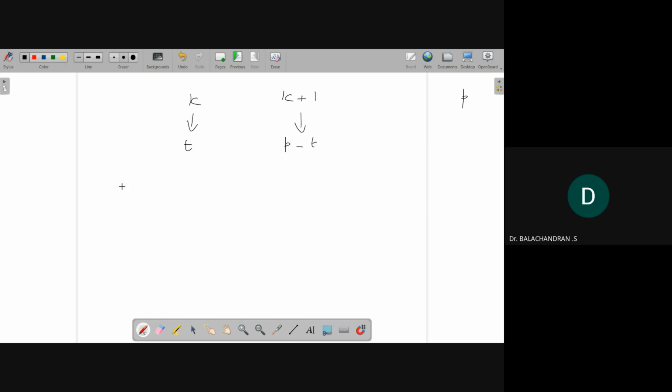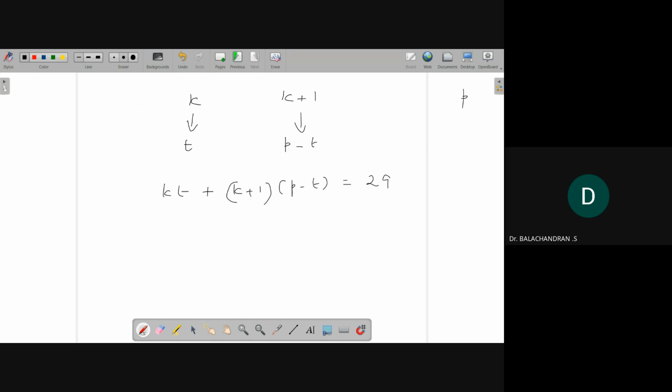The sum of the degrees of vertices equals twice the number of edges. So degree k counts k times t, and degree k plus 1 counts p minus t times, which is equal to twice the number of edges.